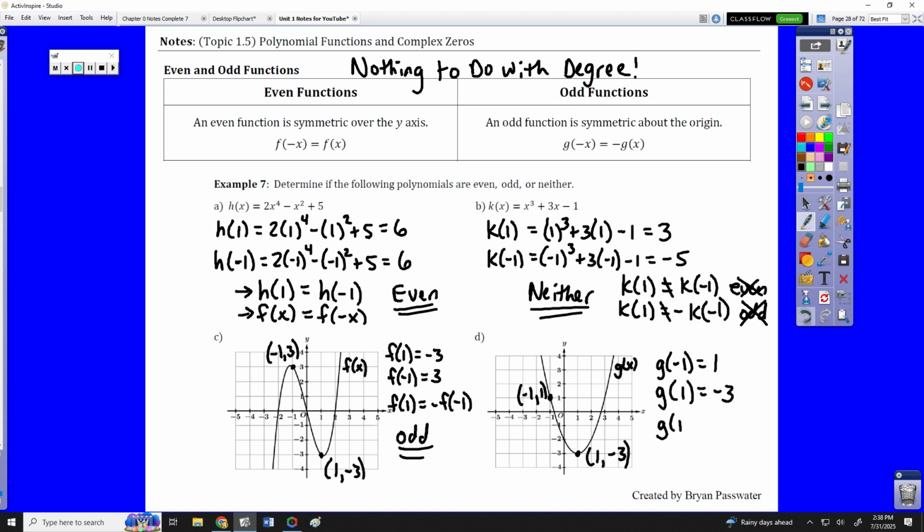So they are not the same, and they are not opposites, which means it's not even, it's not odd, which means that part D is another example of neither. It does not have any symmetry around the y-axis or the origin. It is neither.